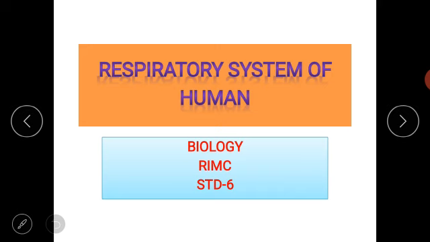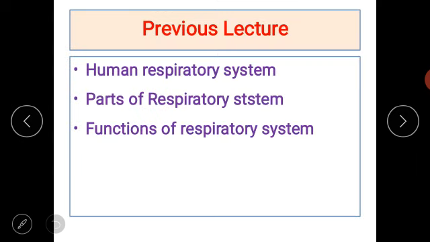Now, today we'll finish the remaining portion of the respiratory system of human. Till now, we have studied the human respiratory system and, in detail, the parts of the respiratory system: which parts are present in the respiratory system of human beings and what is the function of each and every part.